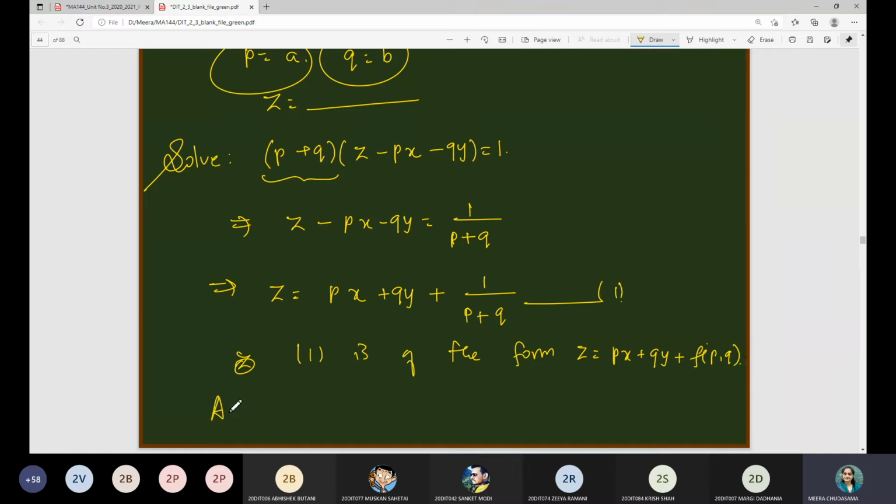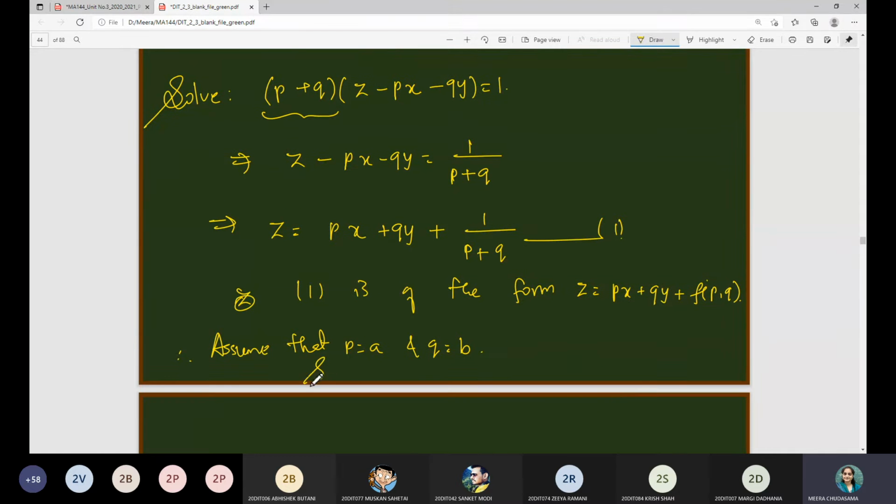So this is case 4. Assume that p is equal to a and q is equal to b, and substituting it in 1, we get z is equal to ax plus by plus 1 upon a plus b.